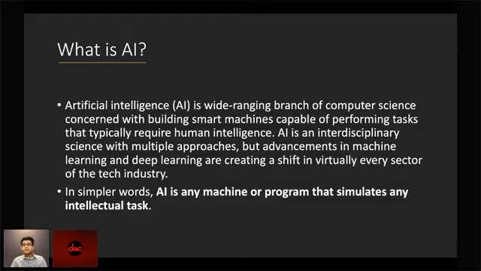AI is a very interdisciplinary science, which means it has multiple approaches and multiple perspectives. But advancements in artificial intelligence and the smaller subsets of machine learning and deep learning are creating a shift in virtually every tech industry, and also sectors outside of the tech industry. In simpler words, AI is any machine or software program that simulates any task that a human would usually do.